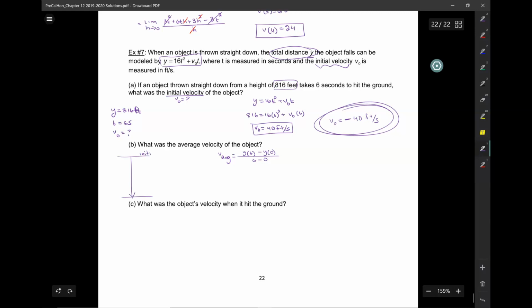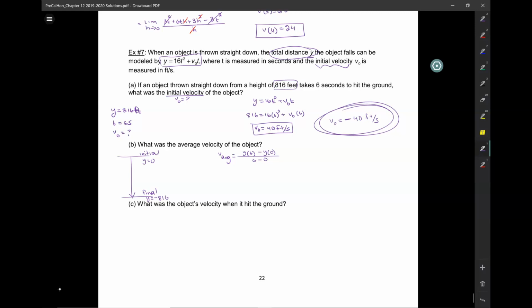Initially, this was where the object was, and then the final position is here. So its initial position is at 0. Its final position is where? It's at negative 816, correct? Because it went down, its final position is now at negative 816.